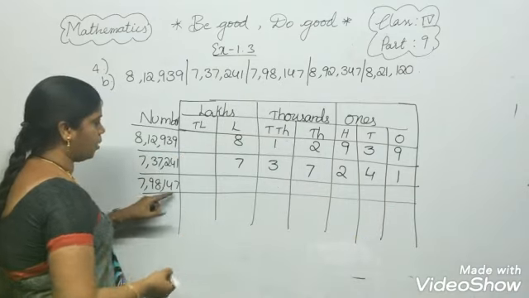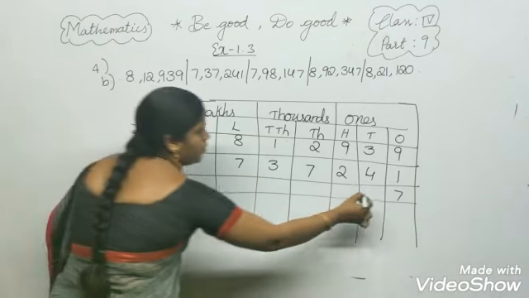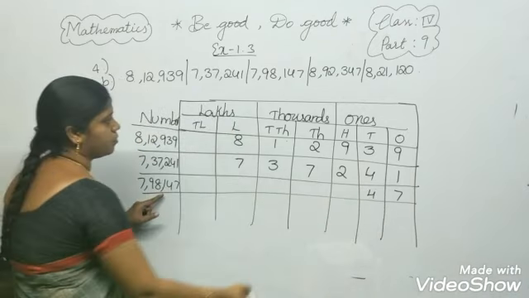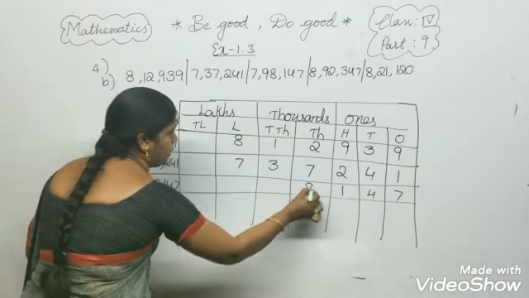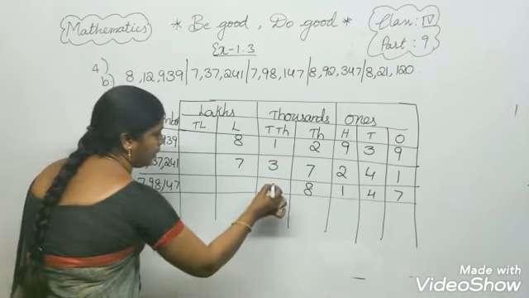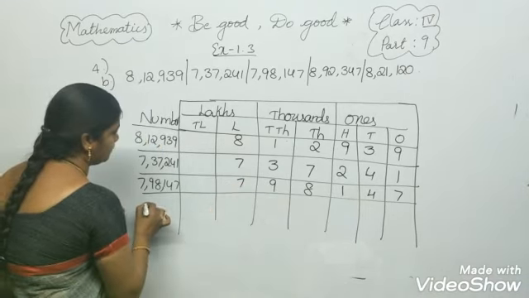Again arrange all these in the place value chart. In the ones place 7, tens place 4, hundreds place 1, thousands place 8, 10,000s place 9, and in lakhs place 7.